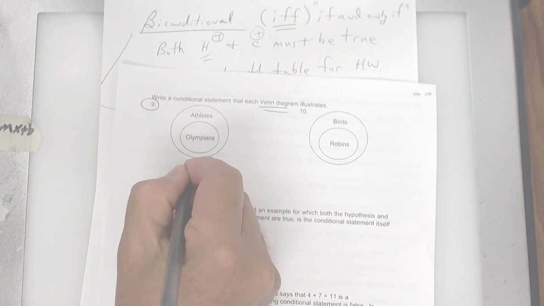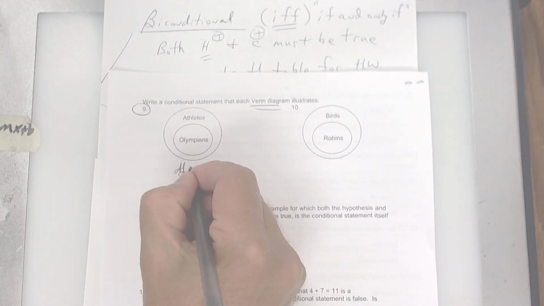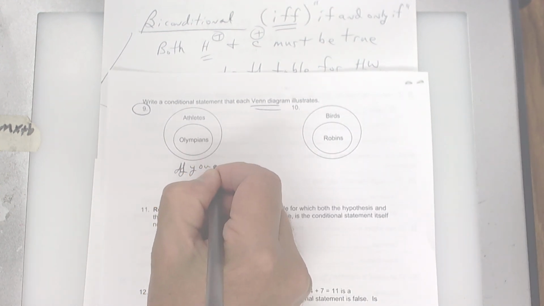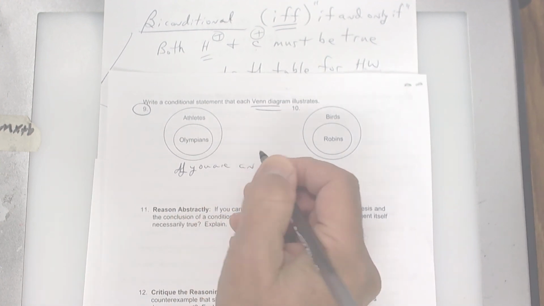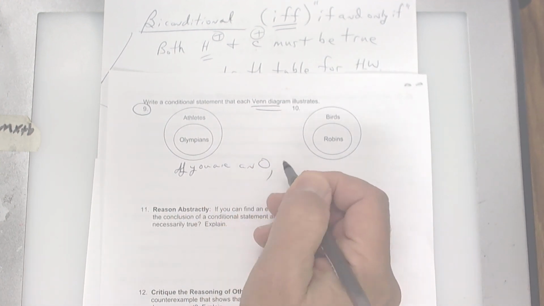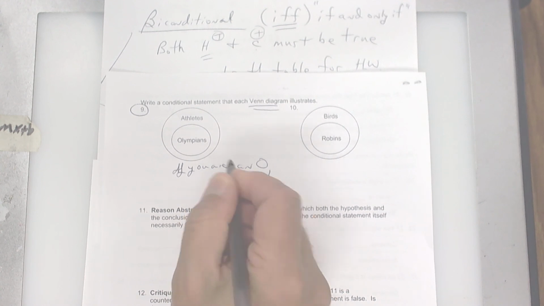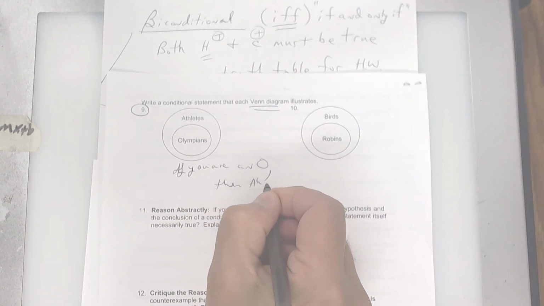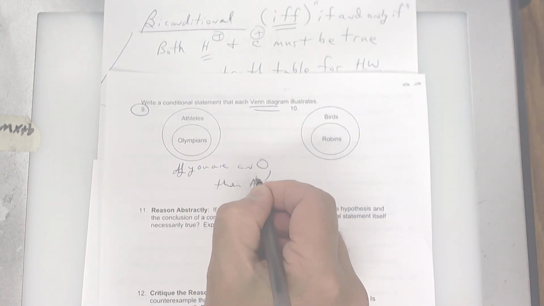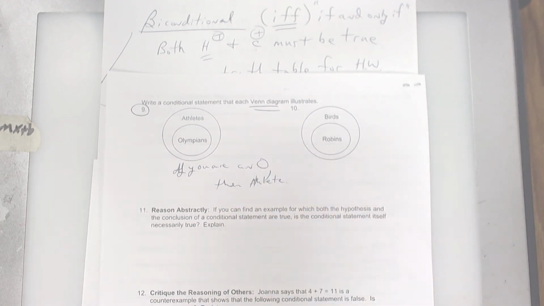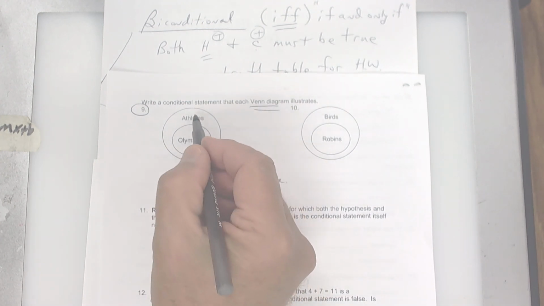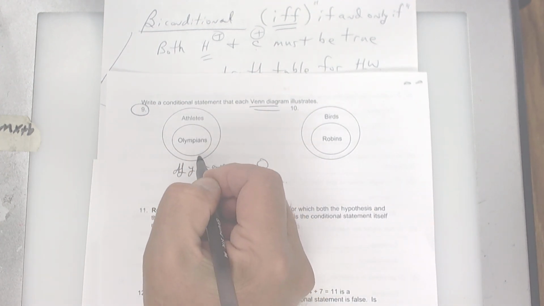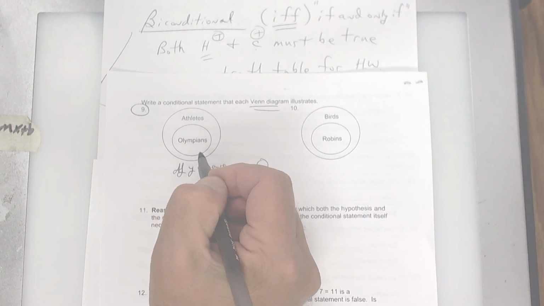If you are an Olympian, then you are an athlete. That's true. Now let's do the converse of that and see. If you are an athlete, then you're an Olympian. Well, you might not be.